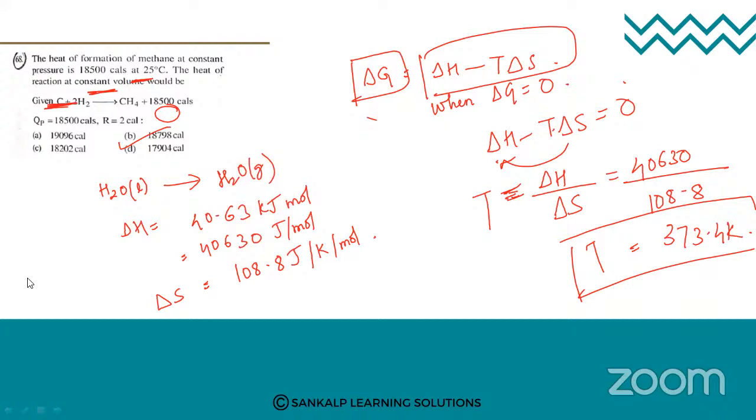Next question. The heat of formation of methane at constant pressure is 18500 calories at 25 degrees Celsius. Okay, this is the heat of formation of methane. So you have to find the heat of reaction at constant volume.